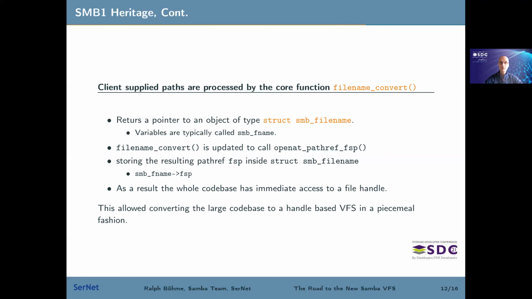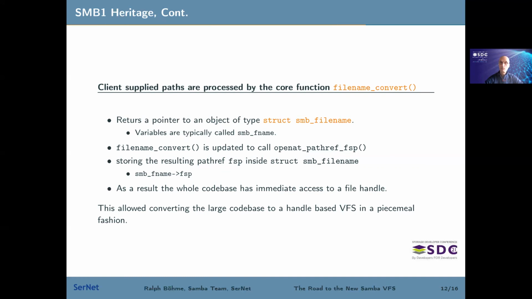So what we did was basically tweak filename_convert to internally call openat_pathref_fsp to create a handle on that path, and store the resulting handle inside the struct smb_filename as smb_fname->fsp.